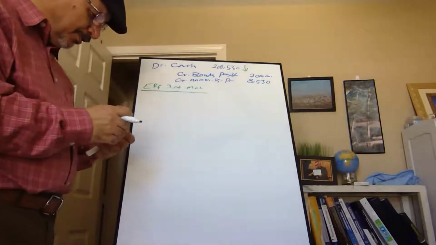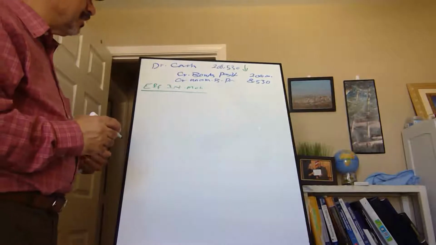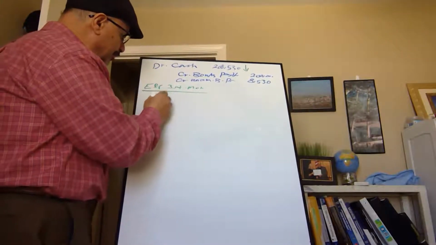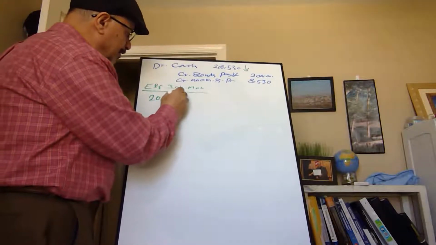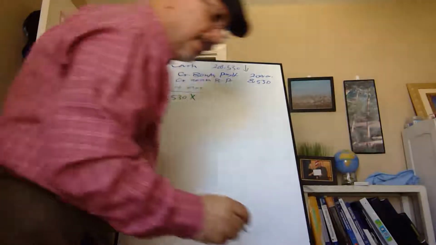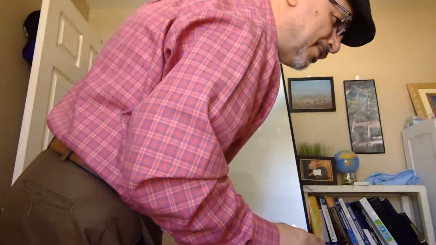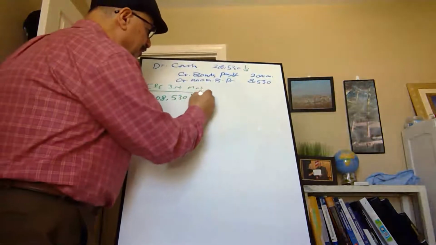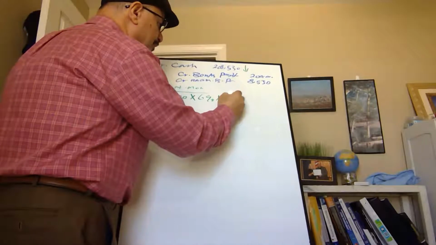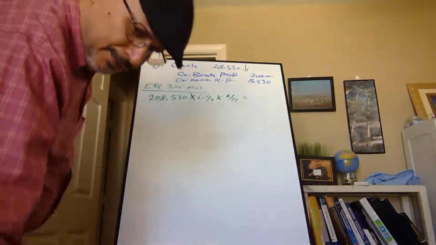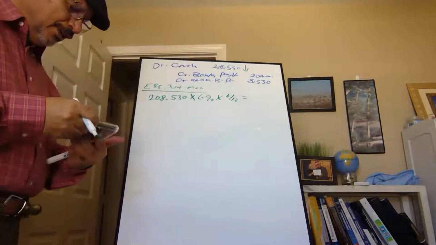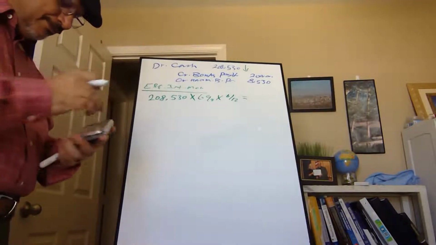In this case, the carrying value or the issue price of the bond is 208,530 times the market interest rate, which is 6%, times 6 over 12, and we're trying to figure out the interest expense for the first interest payment.